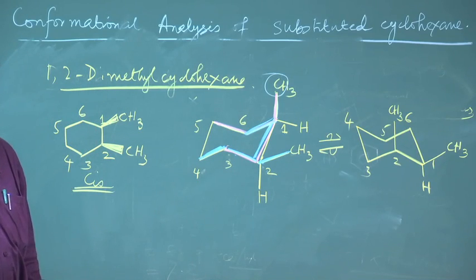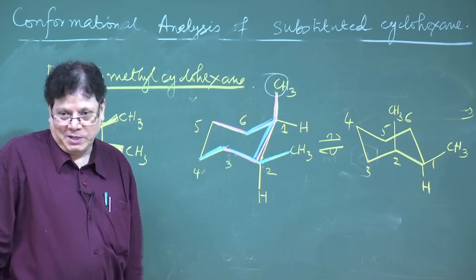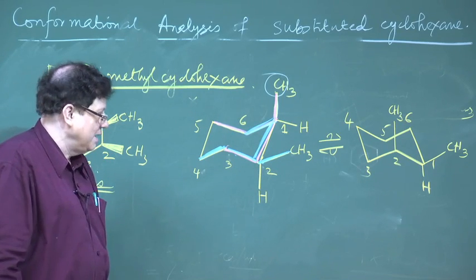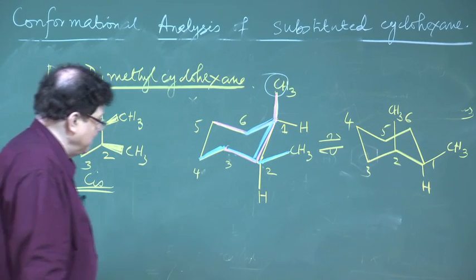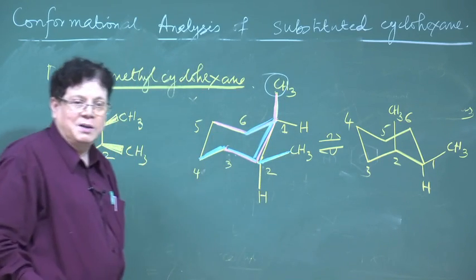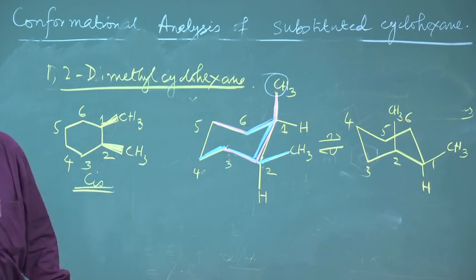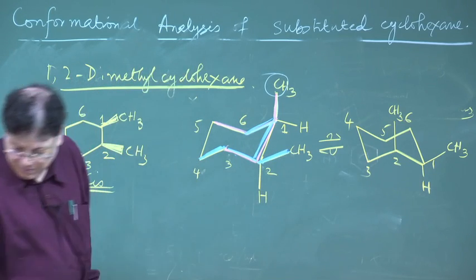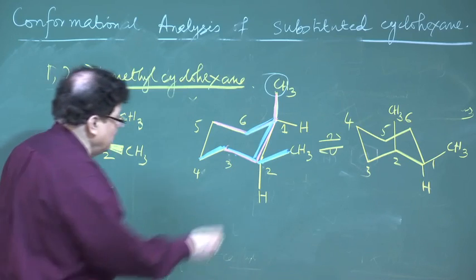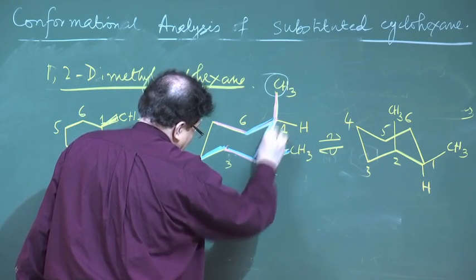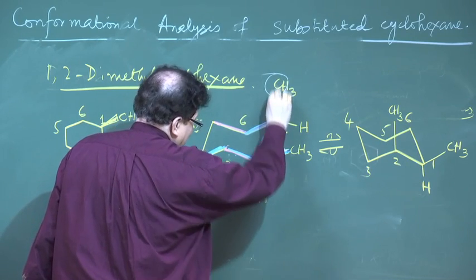But that is not the end of the story. There is one more extra thing that should not escape our eye, and that is because these methyls are in the 1,2 position. So, now they themselves form a butane unit, and that is this one, maybe the white chalk will show. So, an extra butane unit is there, and that is because they are placed in a 1,2 fashion.